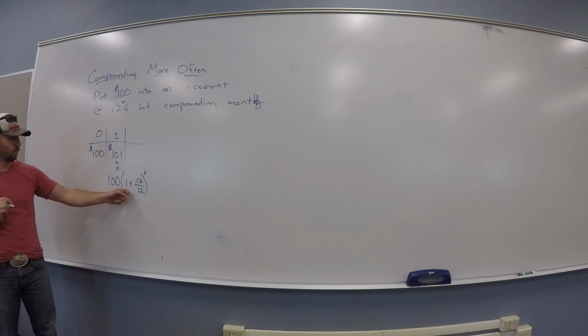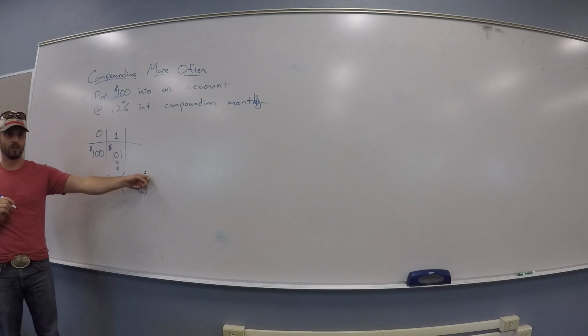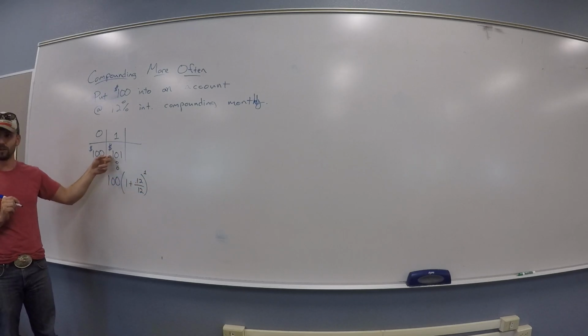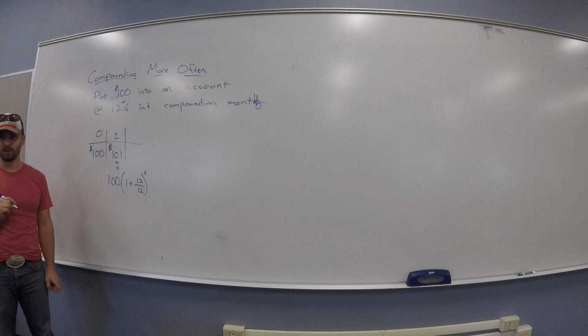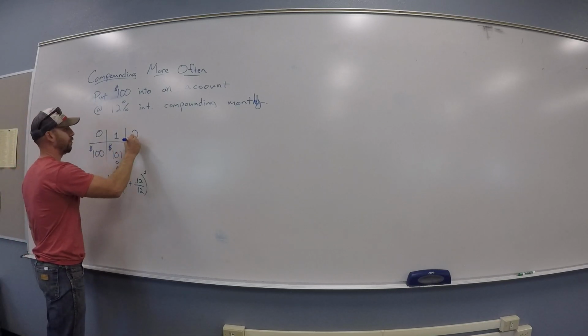See that? 1.01 to the first, times 100, is $101. Oh yeah, 101. It's all good. So now in month 2.